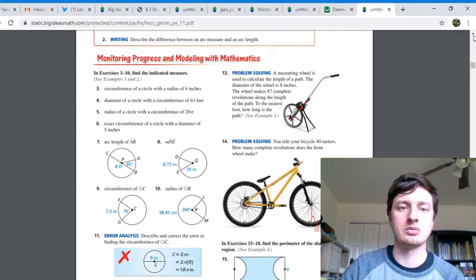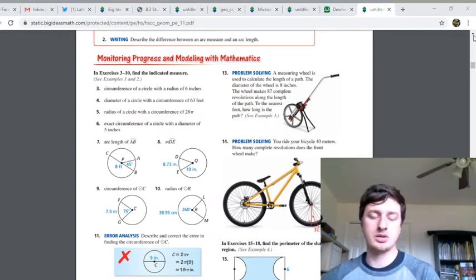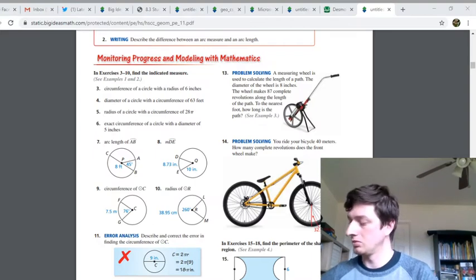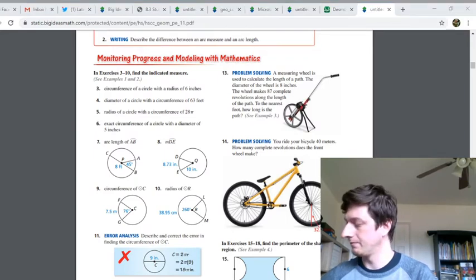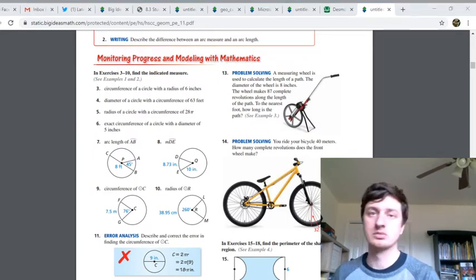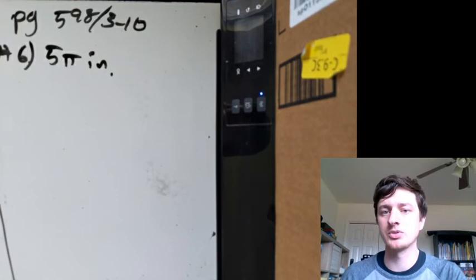So this is a review from last week. It's page 598, 3 through 10. So number 6 is just 5 pi inches. Oh, I am not on the right thing. So there we go. So number 6 is 5 pi inches.